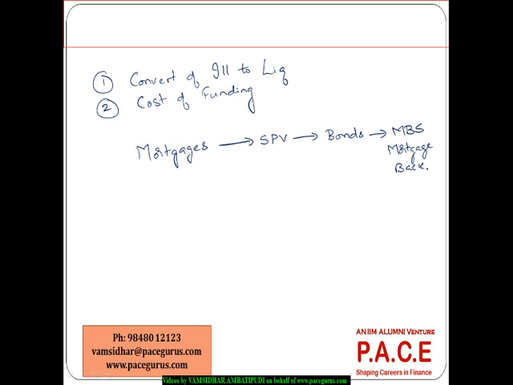And if the same is performed with respect to any assets apart from mortgages, the same logic, where the SPV has purchased those assets and, using that as the base, bonds have been issued, we call them ABS, asset backed securities.